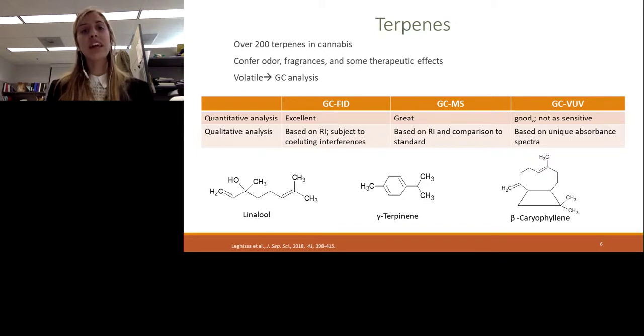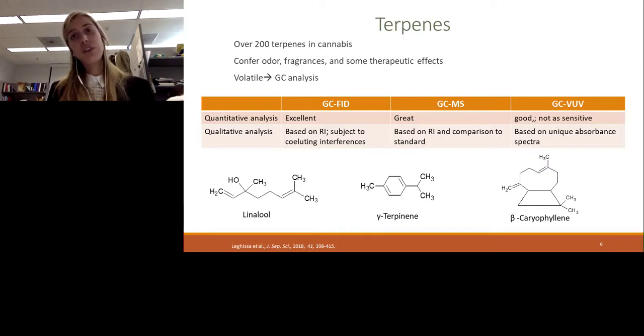Mass spectrometry, in the same way, is great for quantitative analysis, but even in this case, the speciation between terpenes is done solely by comparison to standards and the retention indices. And then finally, there is this fairly new technique called the vacuum ultraviolet detector. It has been developed around 2009.